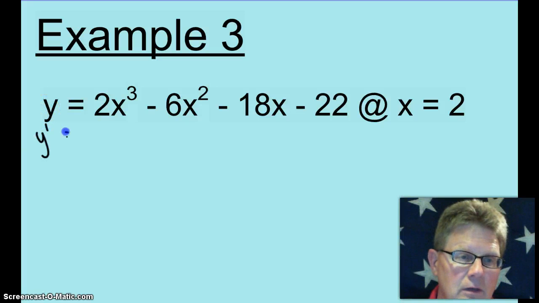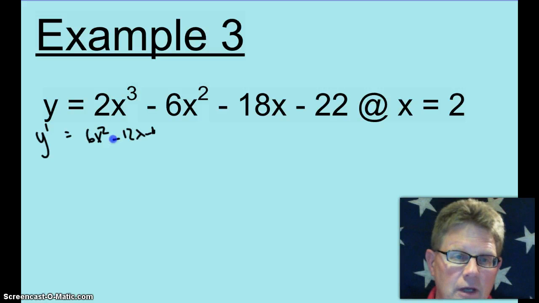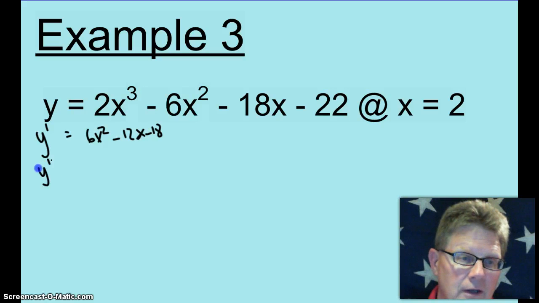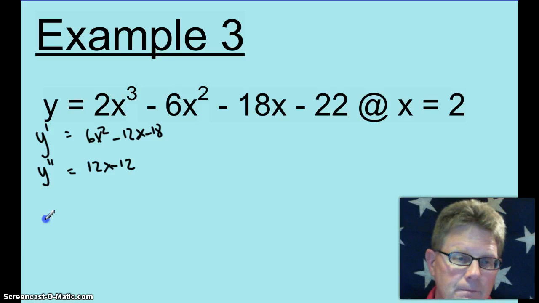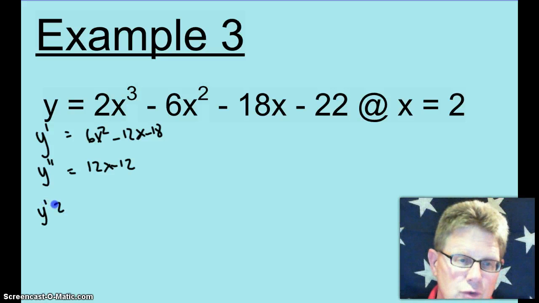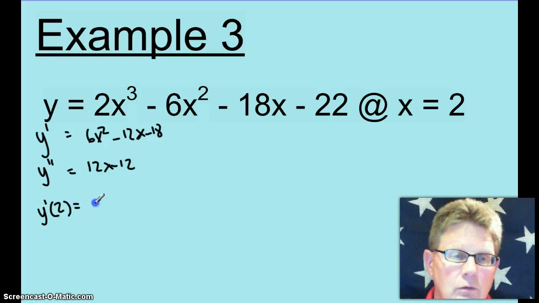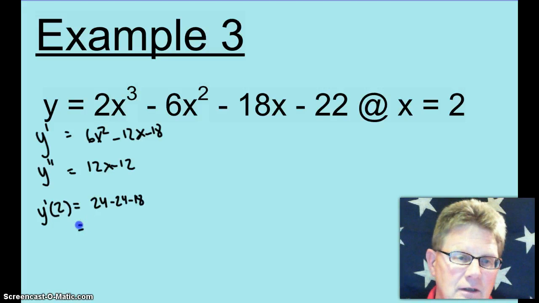Y prime equals 6x squared minus 12x minus 18. Y double prime equals 12x minus 12. So y prime of 2 equals 24 minus 24 minus 18 equals negative 18.